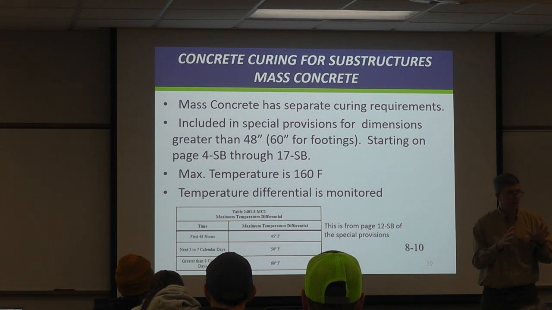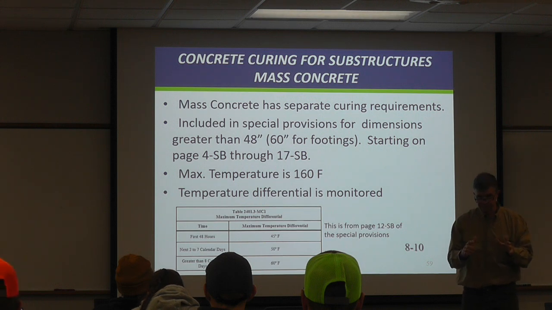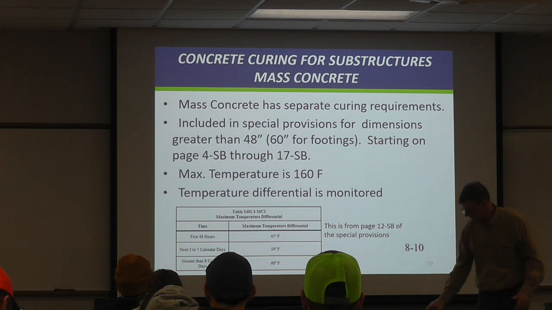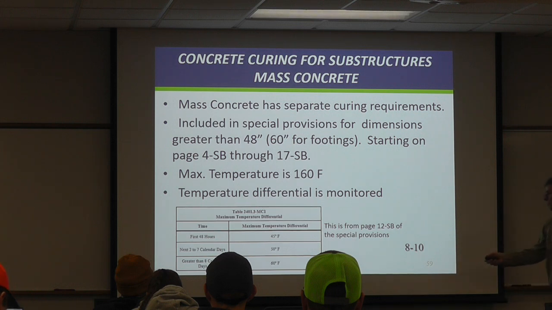And through time, we have learned that if you're less than 48 inches, the heat can dissipate. If you start getting more than 48 inches, it gets to be harder and harder for especially that center portion of the heat that's generating to get outside. And so that's the reason for these specs.